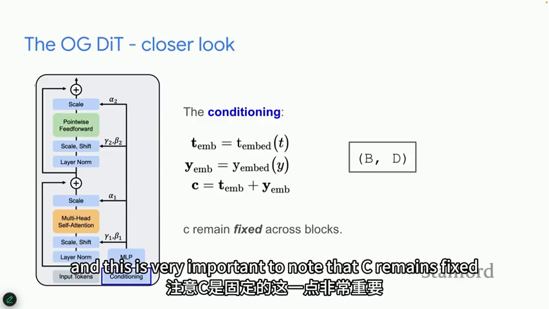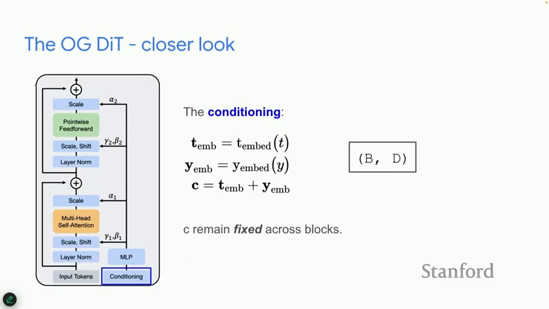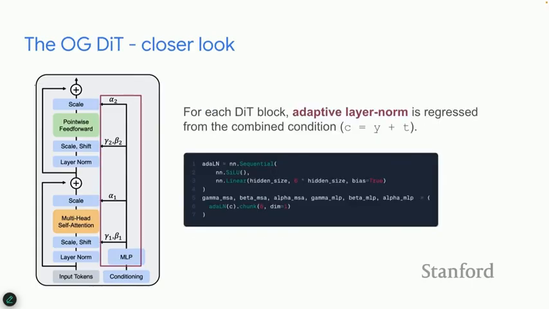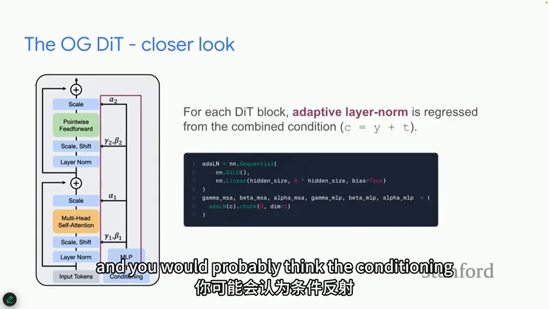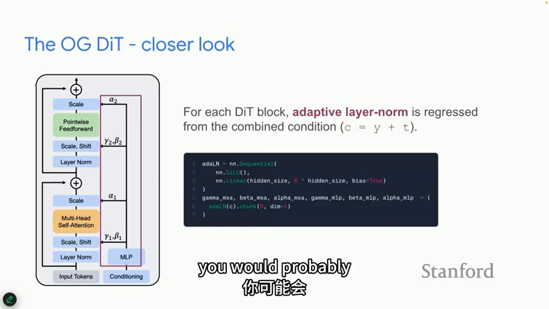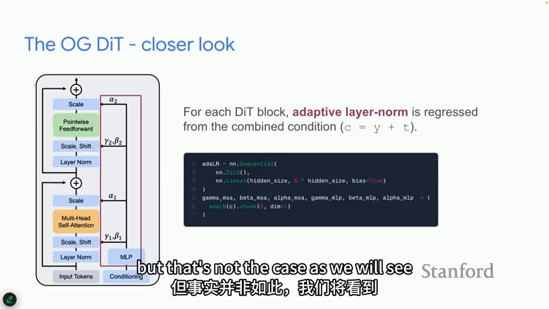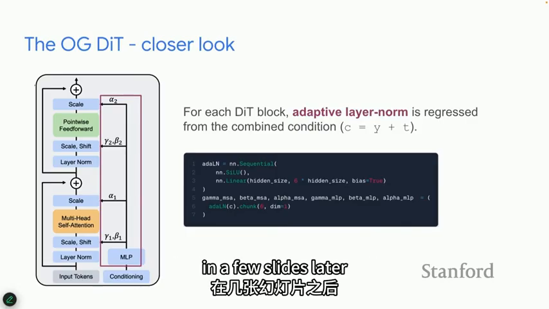And this is very important to note, that c remains fixed across all the blocks. So that's very important to note. And you would probably think that in order to model the conditioning with the actual inputs, the noisy latents, you would want to use cross attention, but that's not the case, as we will see in a few slides later.